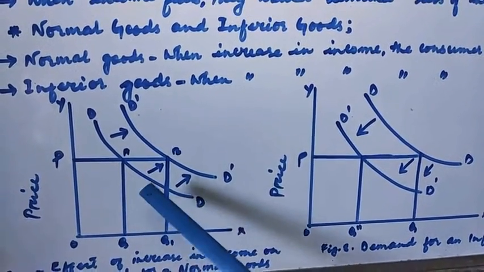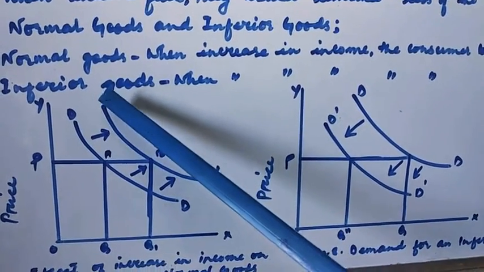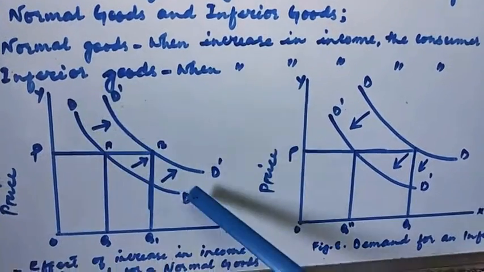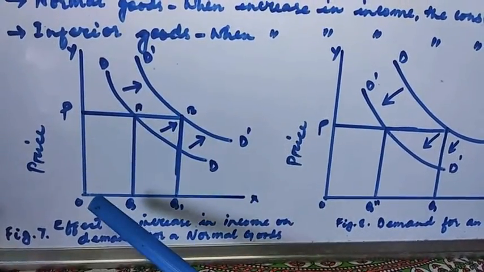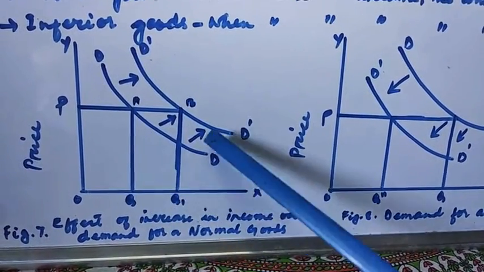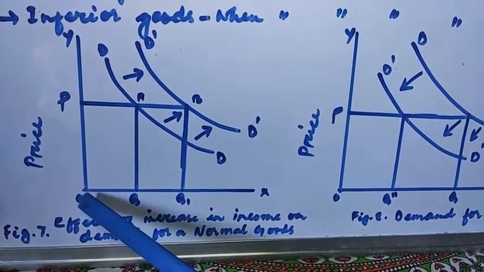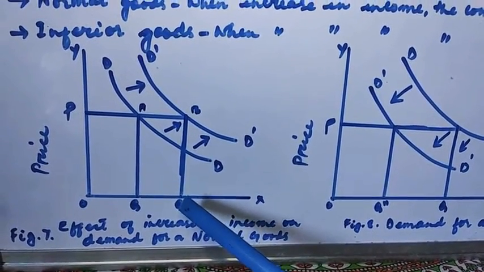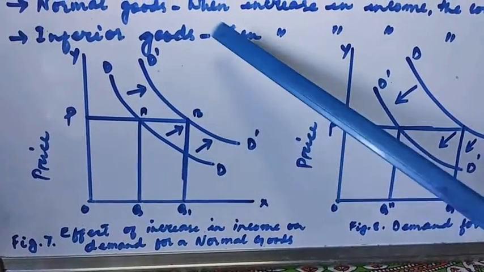Once the income increases, with the same given price OP, the demand curve has shifted to D dash from DD. Which means that at the same price, a consumer is able to buy, or is demanding, more quantity of goods. Before it was only OQ, now he demands OQ1 amount of goods. So when there is an increase in income, there will be a rightward shift in the demand curve.